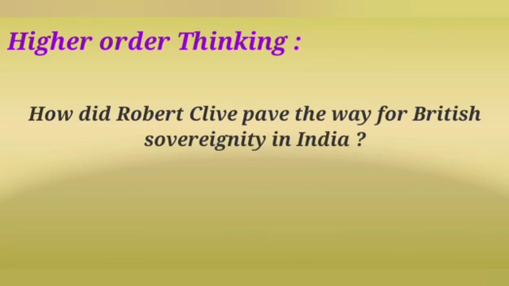He signed the Treaty of Allahabad and got a huge sum of money, the territory of Allahabad and the Diwani rights of Bengal, Bihar, Orissa, and some parts of the Carnatic region, thus paving the way for making the British a sovereign power in India.